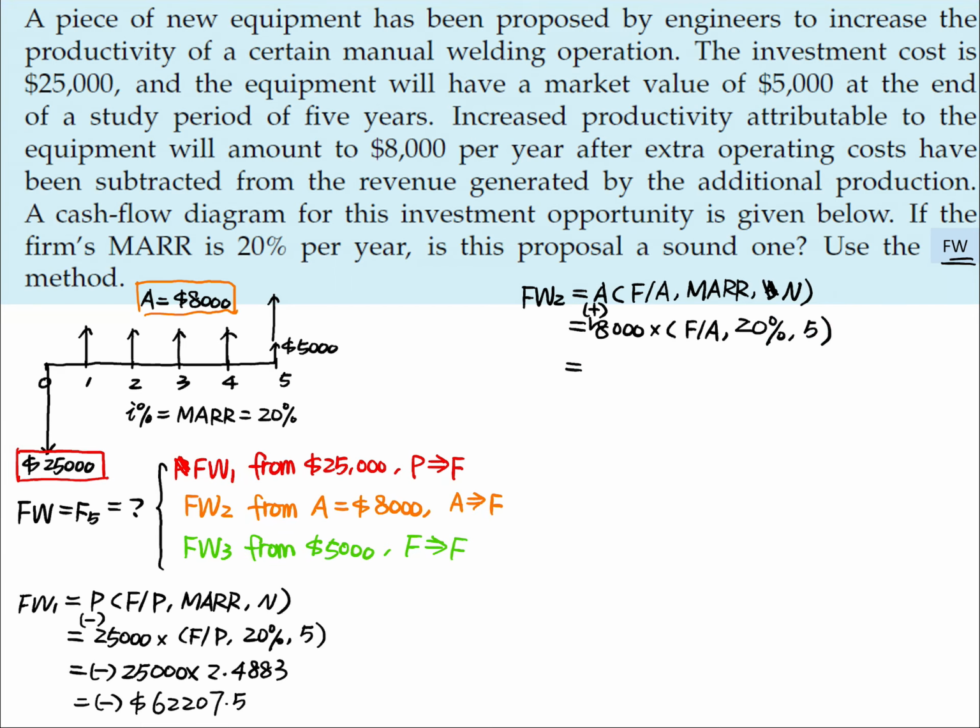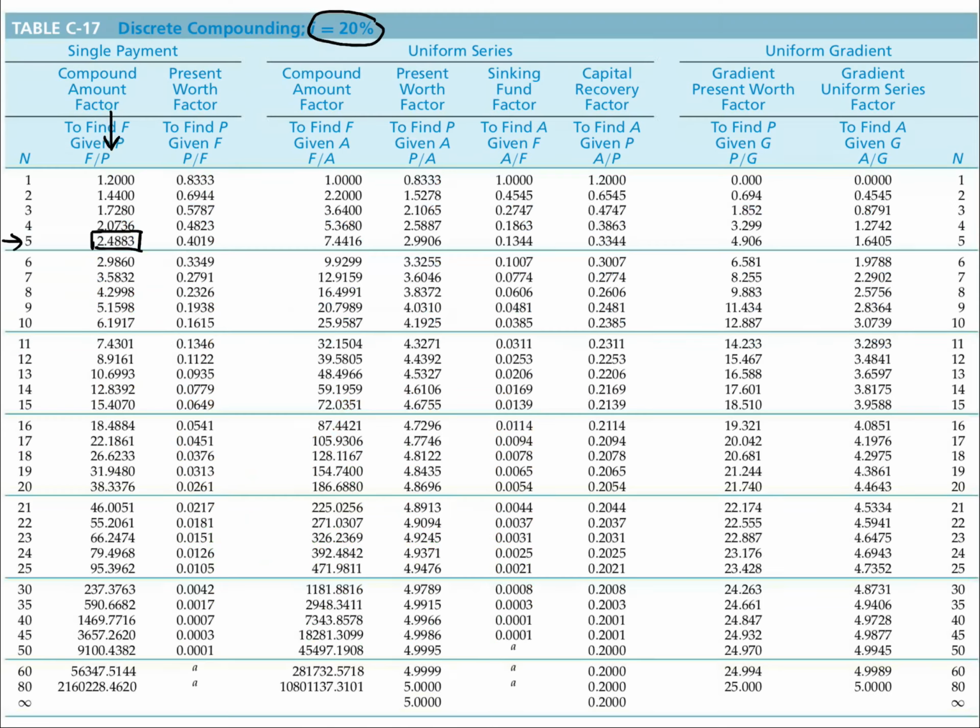So positive 8,000 times the factor F slash A for 20% for 5 years. We've got to find this factor.